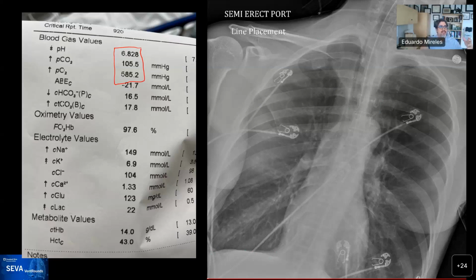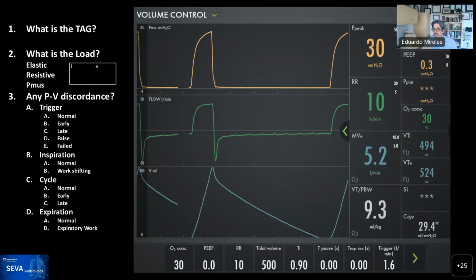So now that you're in the mood for waveforms, I'm going to put up a series of waveforms for you to take a look at. In our classic fashion, here's the first waveform. In the chat, or if any of the attendees wants to give it a try, unmute yourself and read the waveforms: what is the tag, what is the load, although the load is going to be relatively easy because I just told you what we're talking about, and then the PV discordance that we see there.